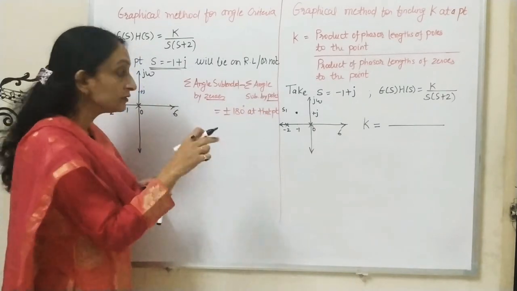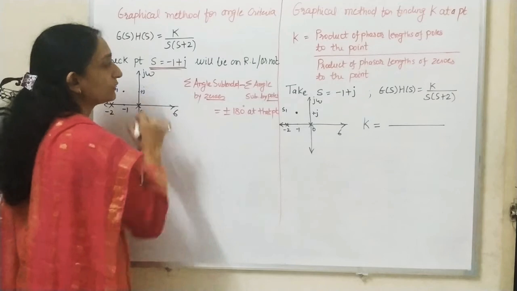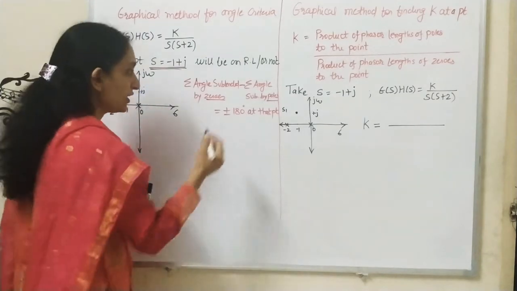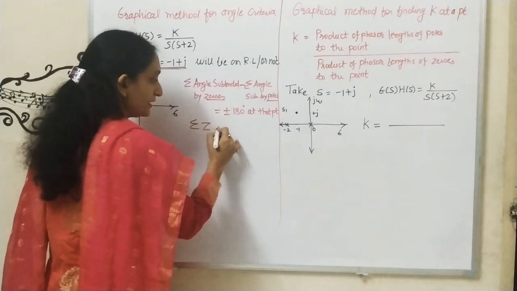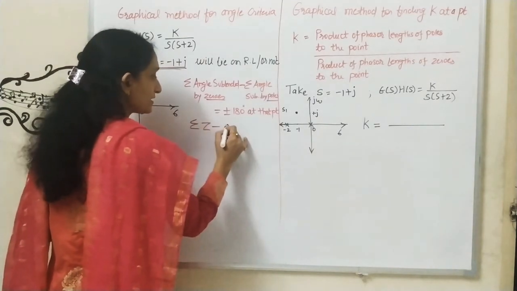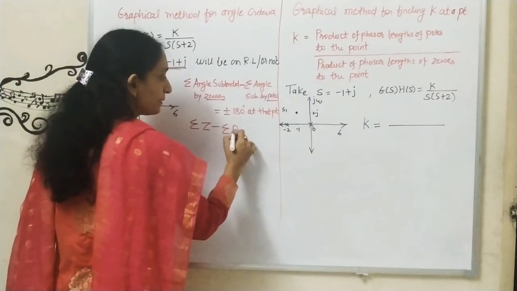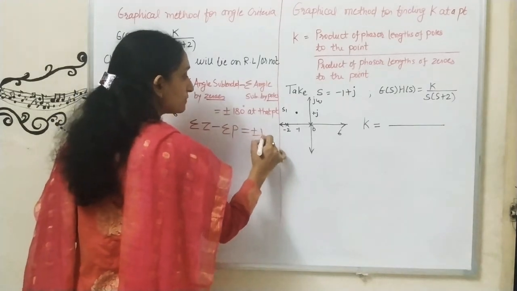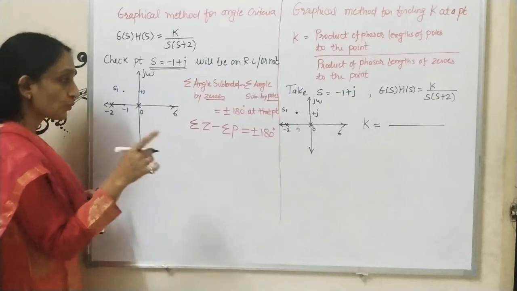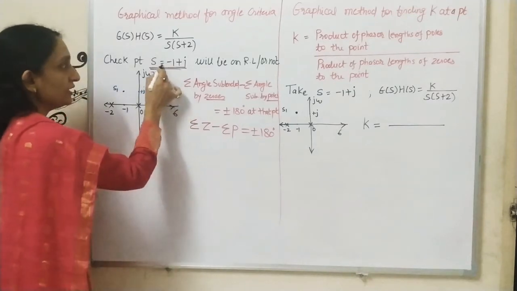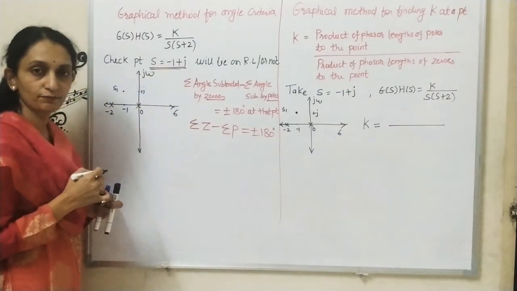In short, I can write the formula: summation of angle subtended by zeros minus summation of angle subtended by poles should be plus minus 180 degrees at that point. What is that point? The point is s is equal to minus 1 plus j.